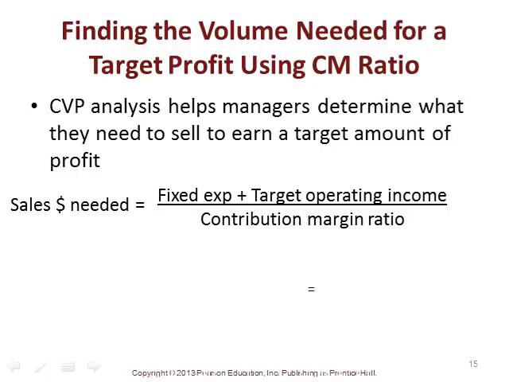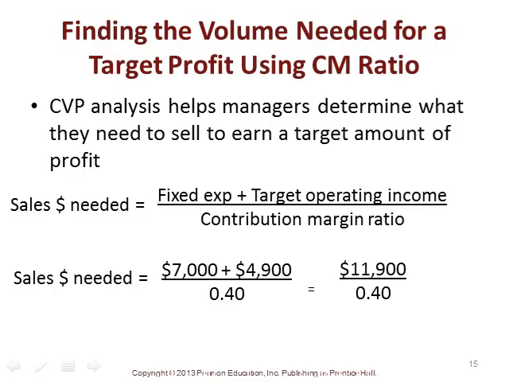So if we make the same assumption that we want $4,900 worth of operating income and we have to cover our $7,000 worth of fixed expenses, we get to the formula of 7,000 plus 4,900 divided by 0.4, or the contribution margin ratio. And so you can see we get to the exact same answer that we had before, $29,750 in sales dollars, because before we calculated how many units we needed to produce, but we translated that into dollars, so we have the same revenue number we need in order to cover the $7,000 in fixed expenses and the $4,900 in the targeted operating income.